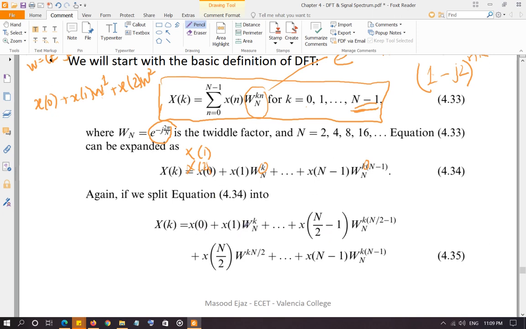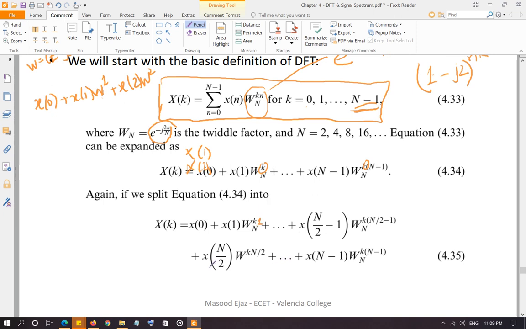We're going to start with x0, x1 W to the power k, plus whatever we have, and we're going to go up to 1 point before the half, right? So x of N by 2 minus 1, twiddle factor k times (N by 2 minus 1). Remember k n, right? So this is my n, N by 2 minus 1. Over here n is 1, k times 1.